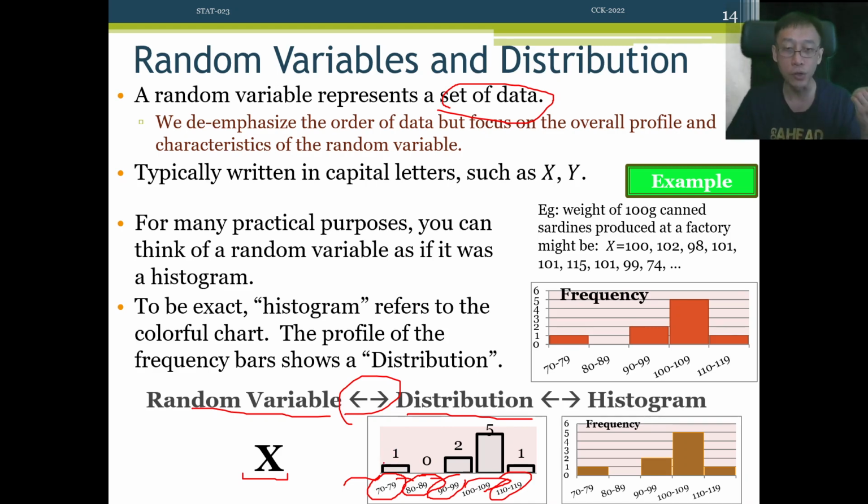And distribution describes the y-axis more, the silhouette formed by the y-axis. What I try to emphasize here is to think of them as one and the same. Is that okay? All right, so X, Y, these are random variables, a little bit abstract.